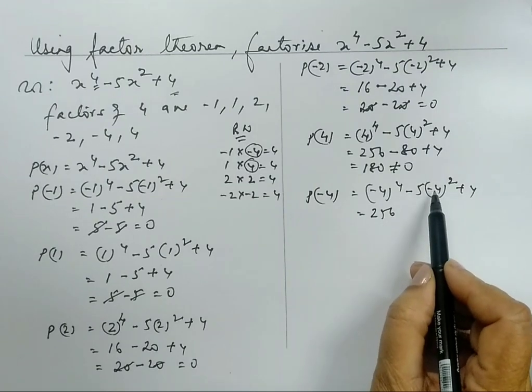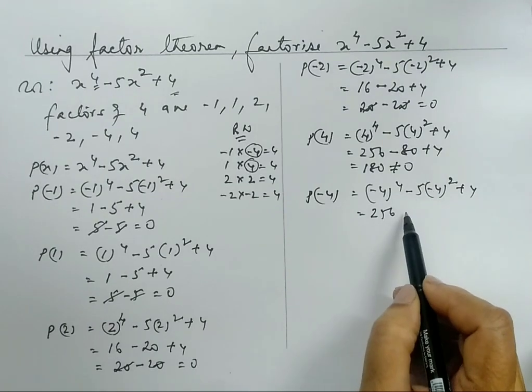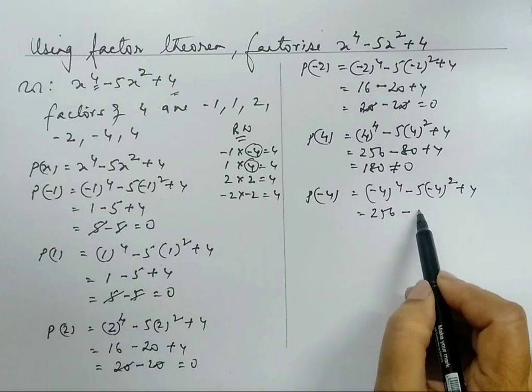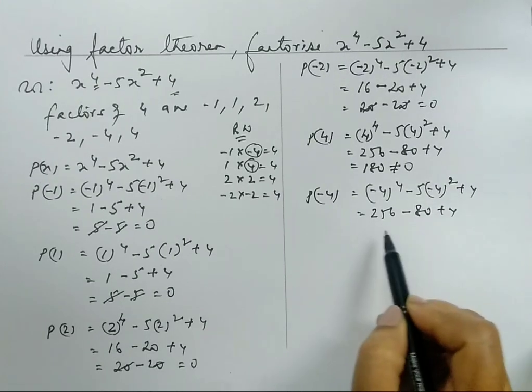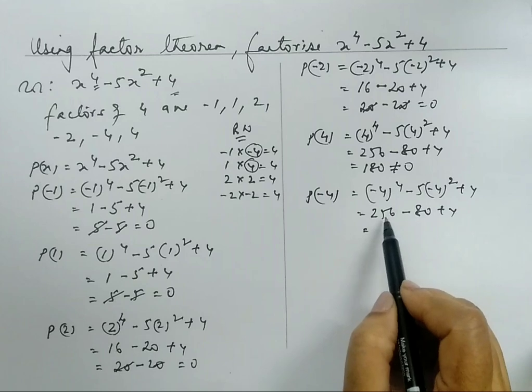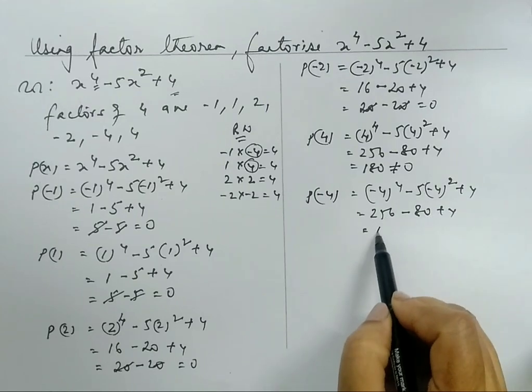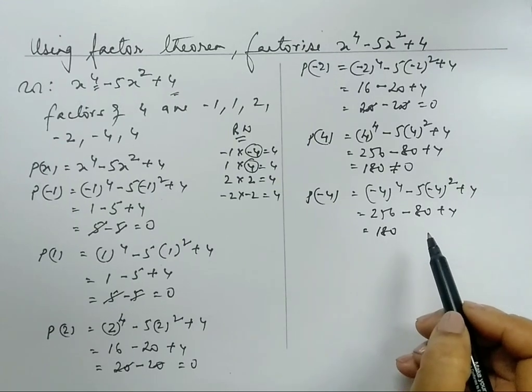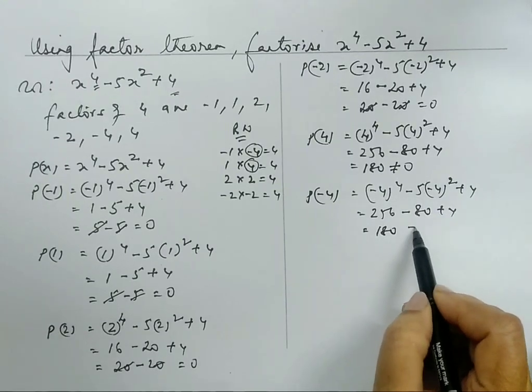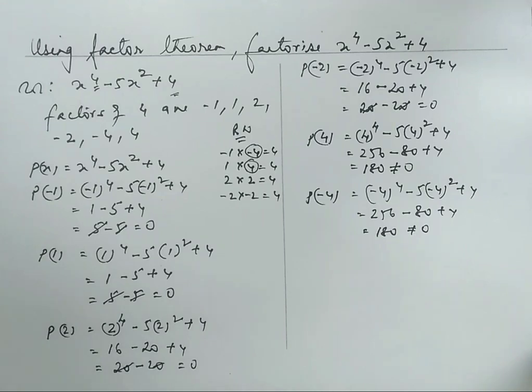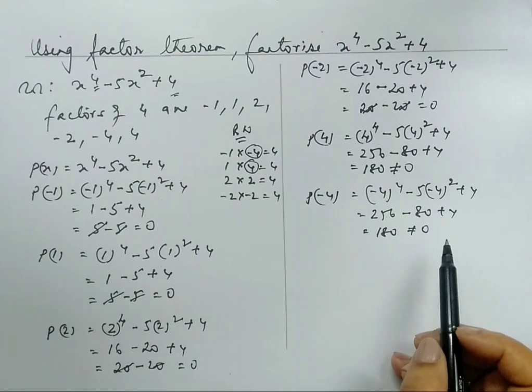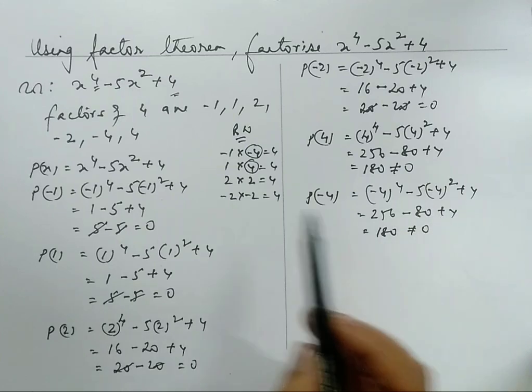For this we get positive, but plus and minus gives us a minus 80 plus 4. This means what? This plus this is 260 minus 80 is 180. Alright guys. So which means this is not equal to 0. Now we know that we have already found out our factors.